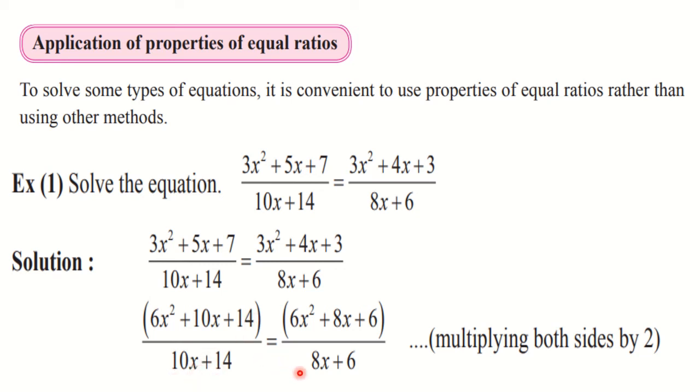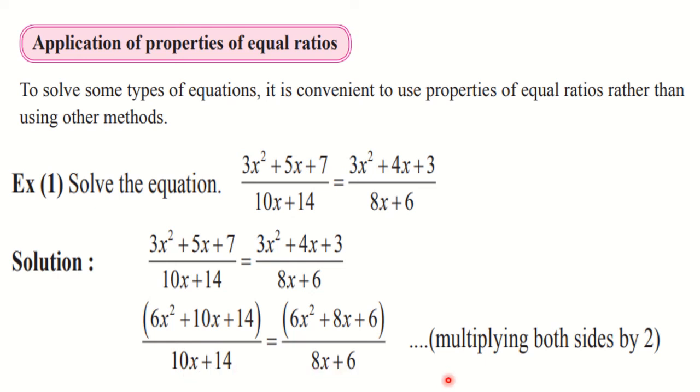So if we are going to perform componendo, that means adding denominator to the numerator, the terms will not get cancelled. But if we go for dividendo, that means subtraction, then they will get cancelled. So here you have to decide, if the signs are same, you will go for dividendo, and if the signs are opposite, you are going to go for componendo.